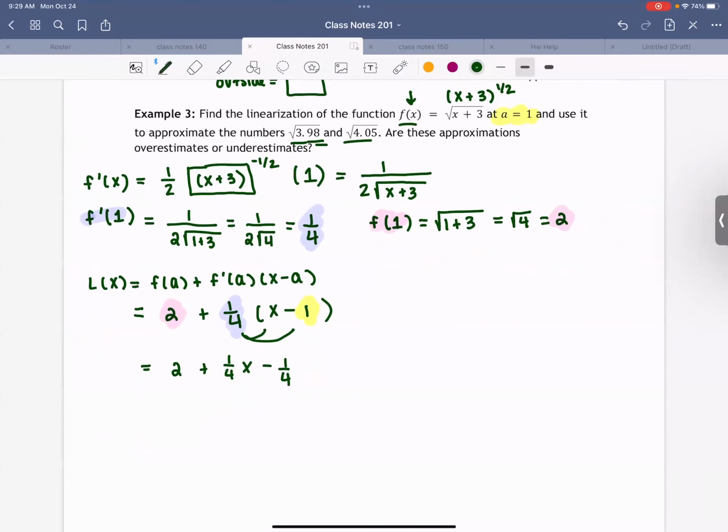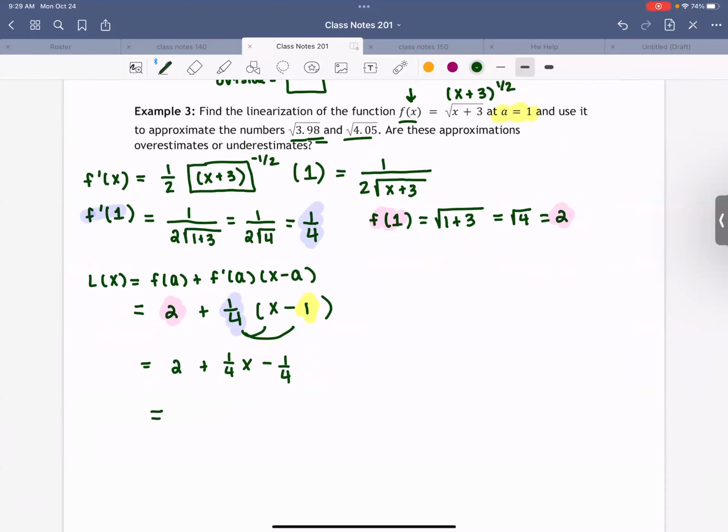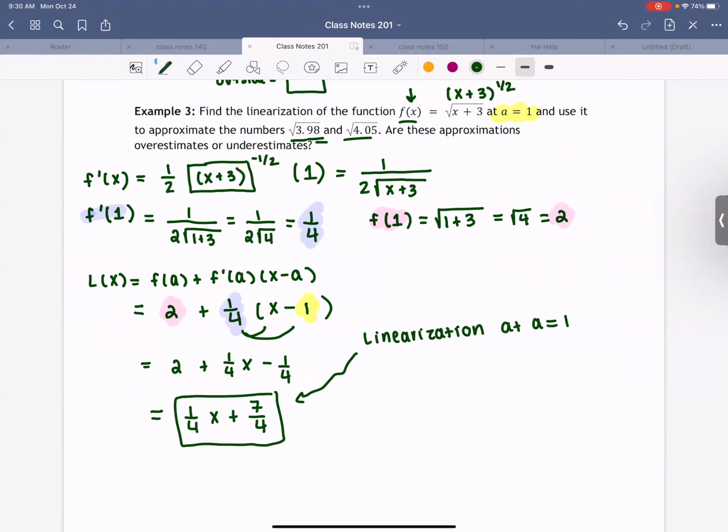And correct me if I'm wrong, but I think this gives me 1/4 x plus 7/4. So what I just found here is the tangent line equation, or in the textbook's terms, the linearization of my function at a equals 1.